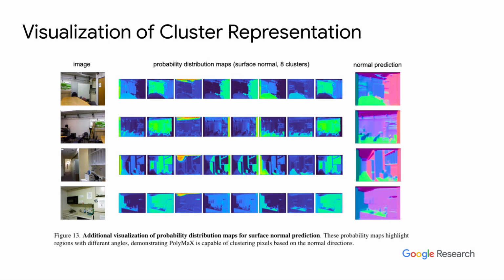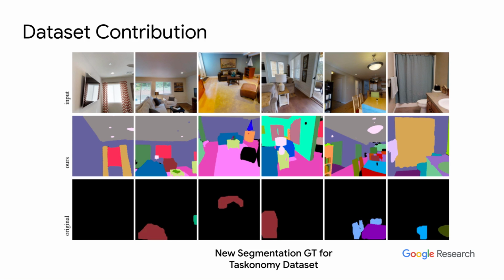Similarly, we also demonstrate the cluster representations for the surface normal model. And lastly, we show the visualization of our produced segmentation ground truth for the Taskonomy dataset using our model. We will also release the code base and this dataset soon.